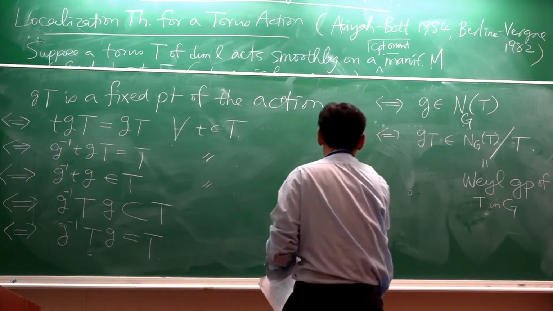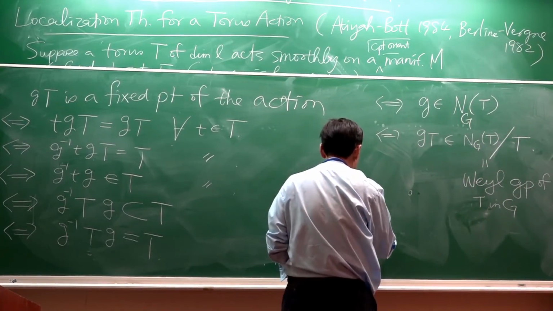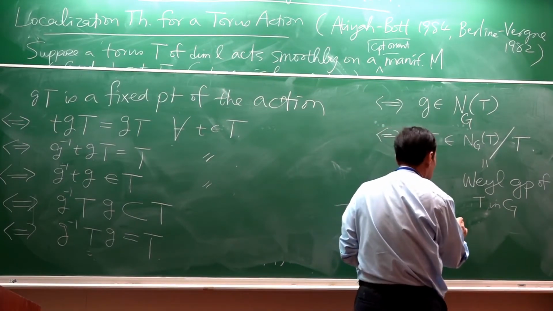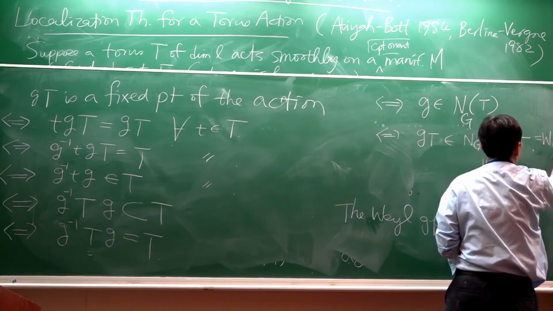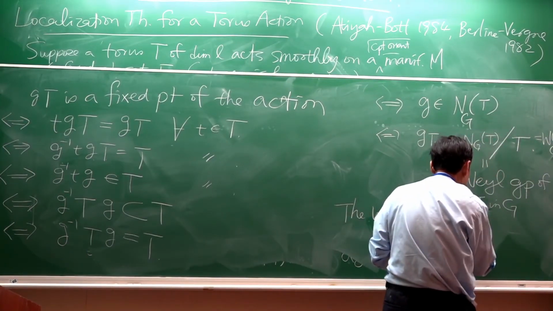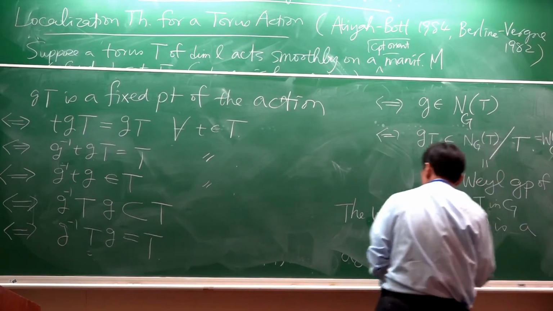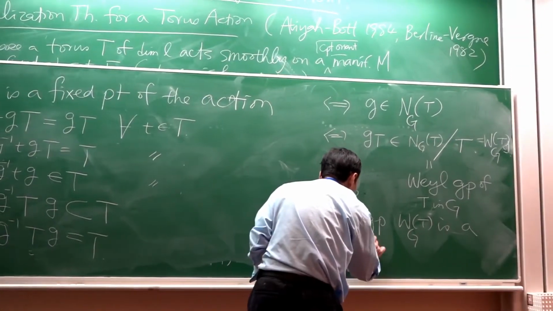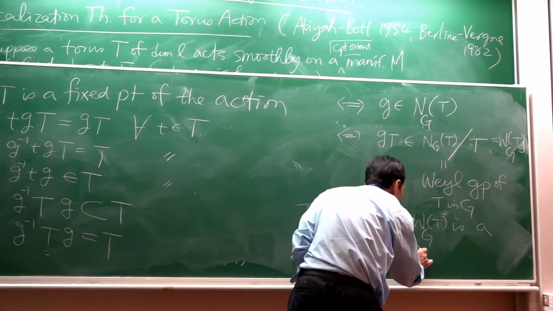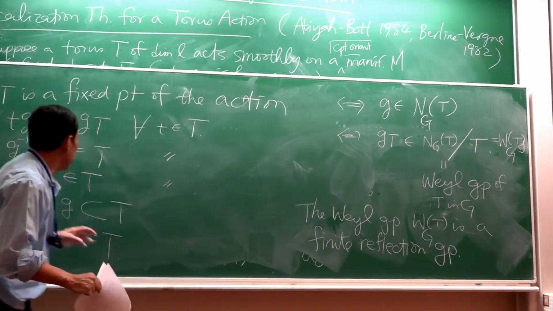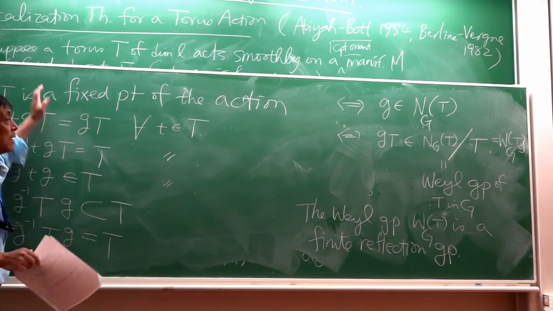So the Weyl group W_T of G is a finite reflection group. Okay? So that means the fixed points are isolated.